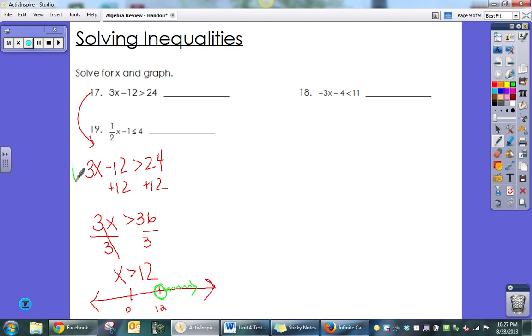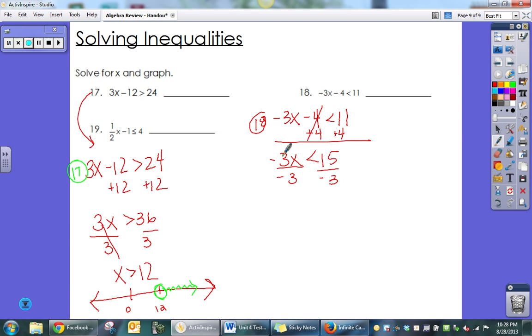This is number 17. 18. I've got negative 3x minus 4 is less than 11. Add 4 to both sides. Negative 3x is less than 15. Divide by negative 3.